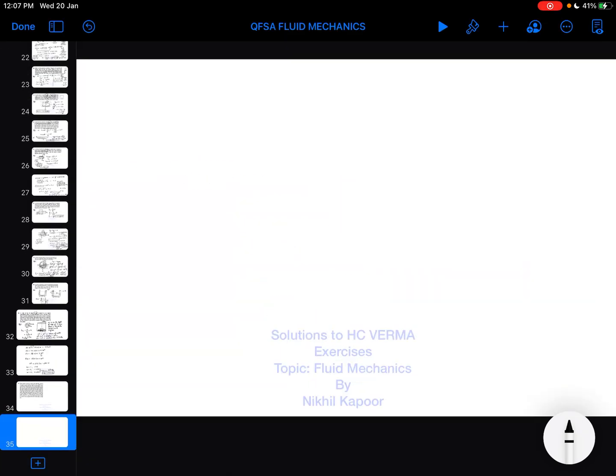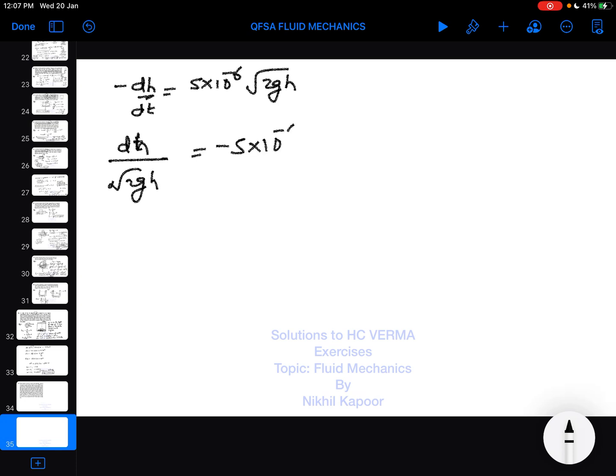So now as we know very well, minus dh by dt is 5 into 10 to the power minus 6 under root 2gh. So dh upon root 2gh is equal to minus 5 into 10 to the power minus 6 dt.